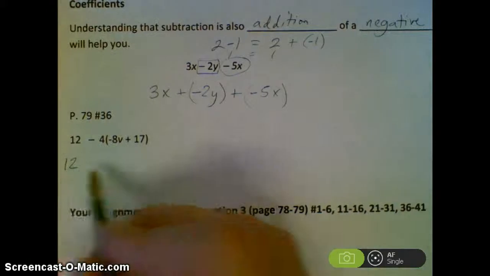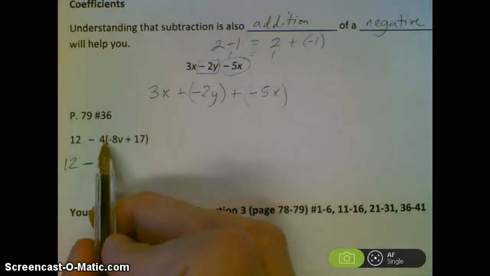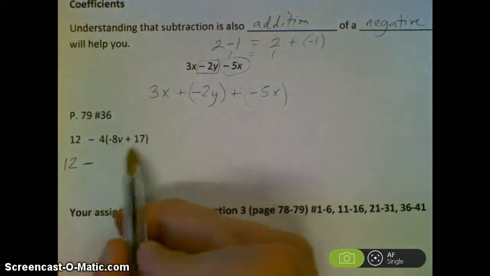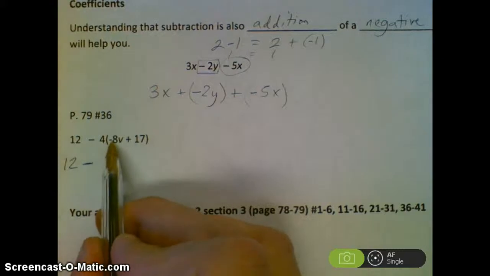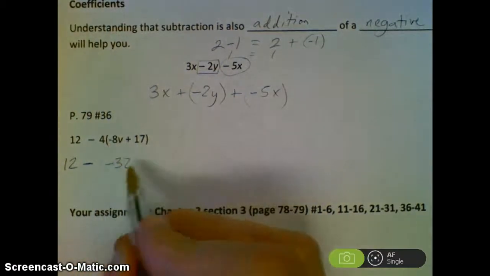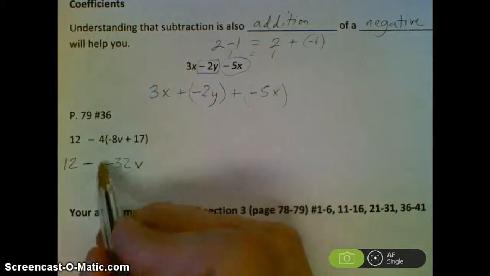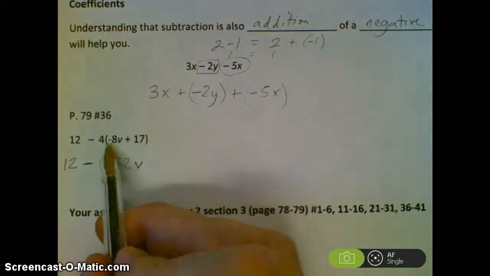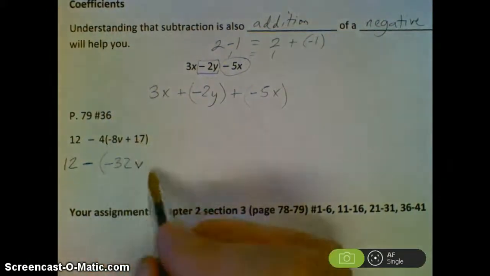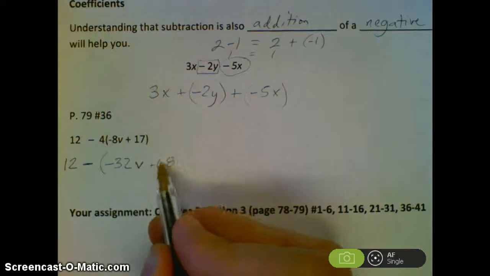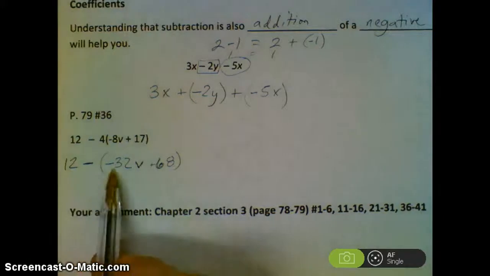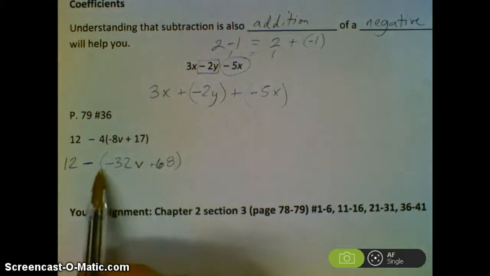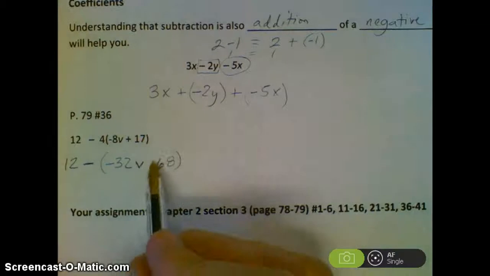I'm going to say this is 12 minus, I'm going to do all of this in the parentheses first. Looks like I have this completely simplified. That's good. I'm going to use the distributive property. 4 times negative 8 is negative 32v. And 4 times 17 is 68. So this is saying 12 minus negative 32v, and also minus a positive 68.